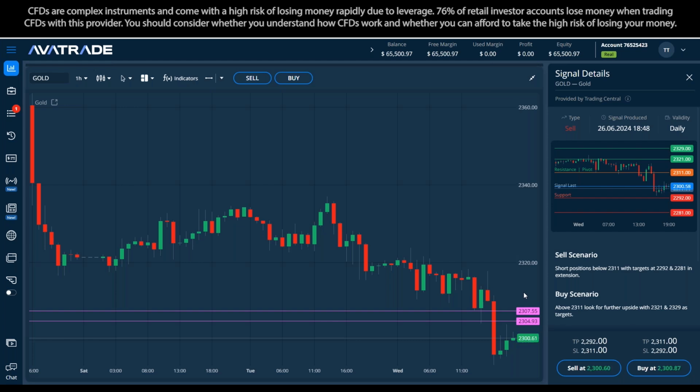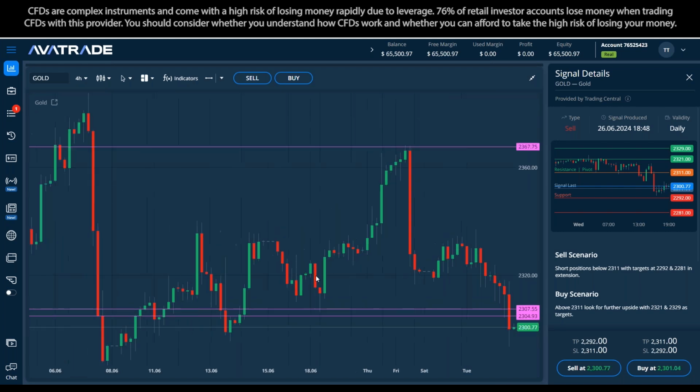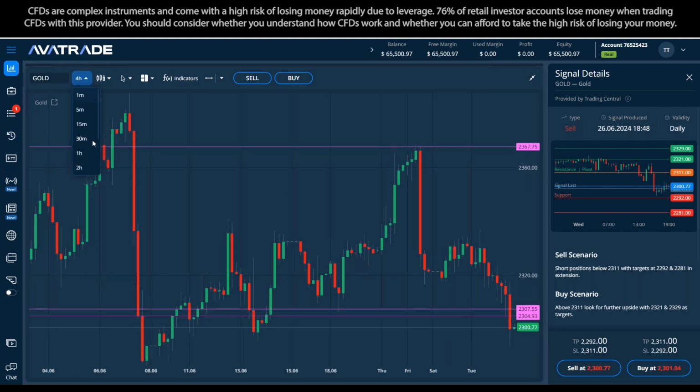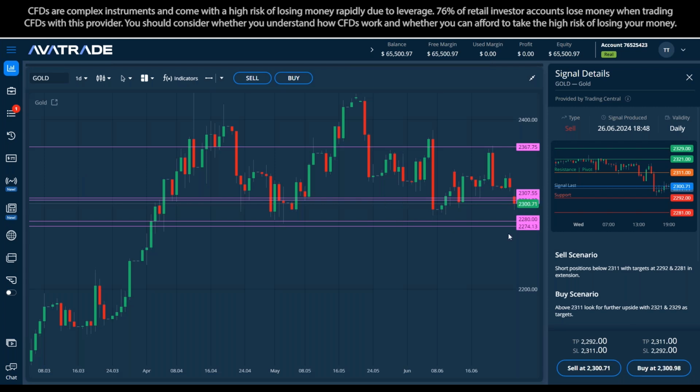So if you were selling, you might put your stop loss above this zone of support/resistance up around 2310 maybe. And your take profit, we'd have to look at larger candles to see where you might be interested to take profit. They're suggesting between 2292 and 2281 here. And we could even go to 1 day or 1 week candles, and now we can see why 2281 might be a spot that was suggested.